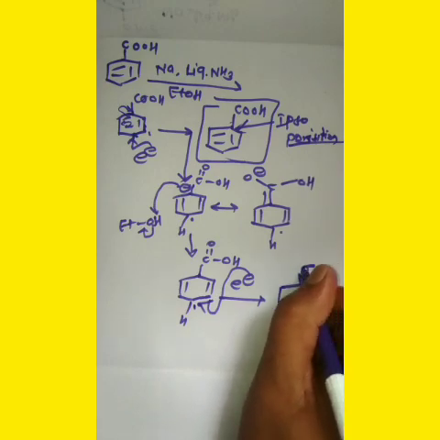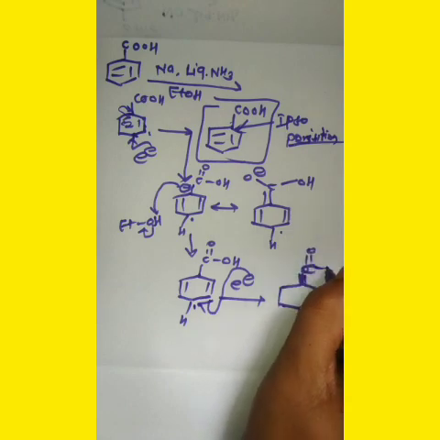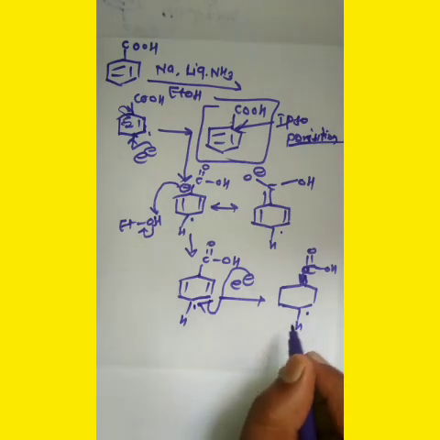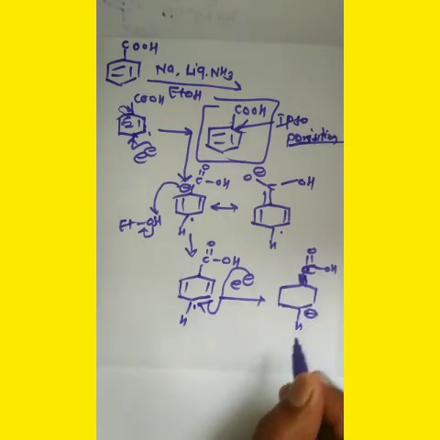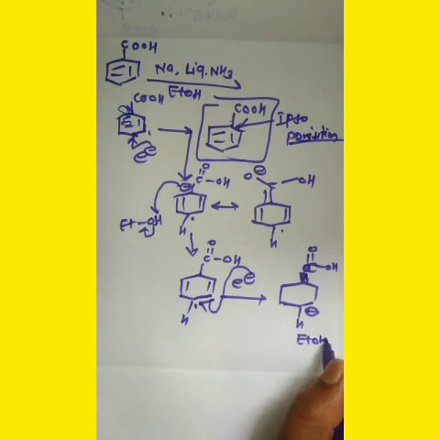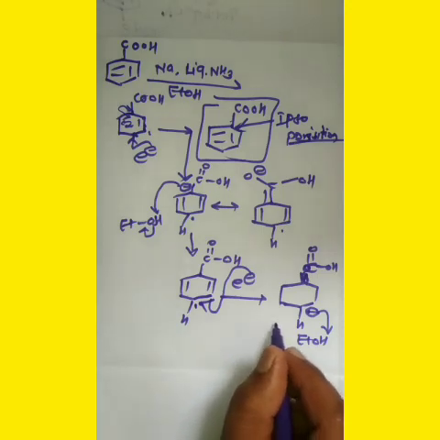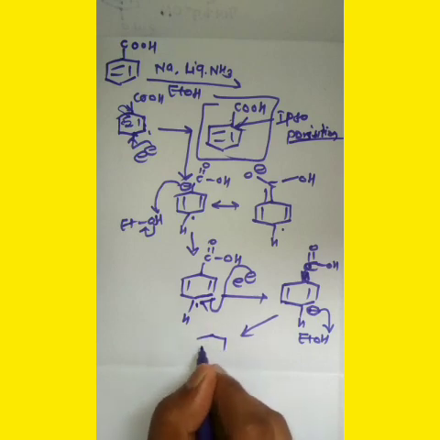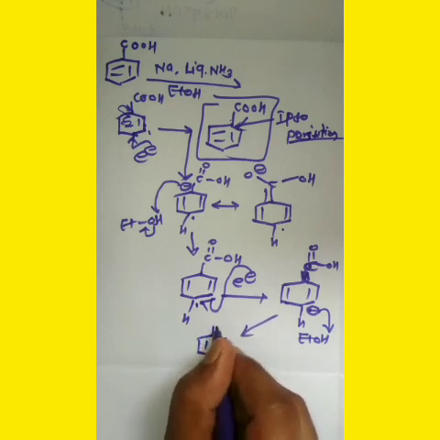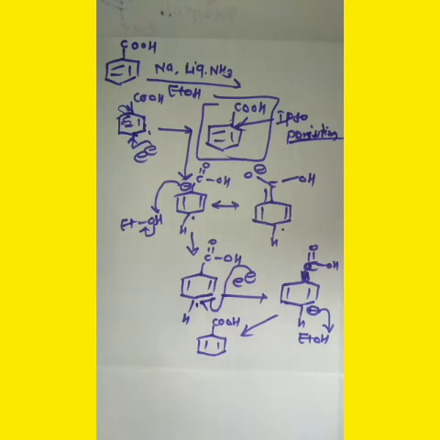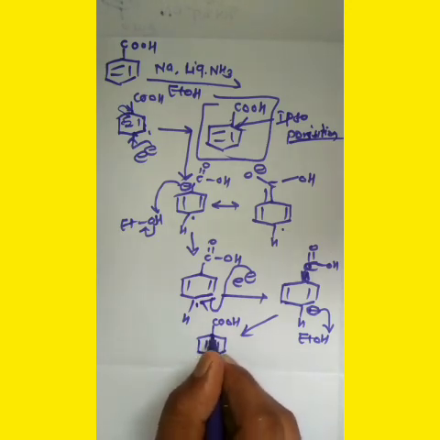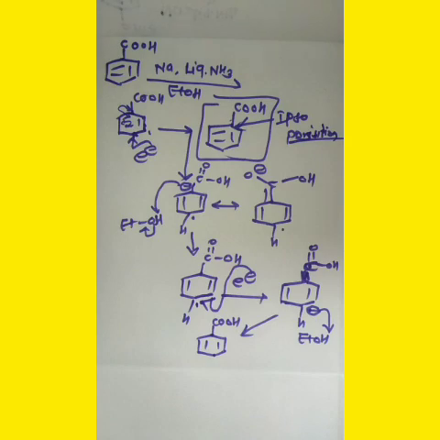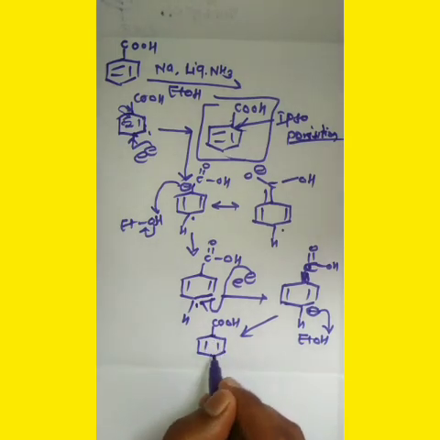We get an anion at the para position, and it abstracts the proton from the solvent. It's like this. Here we get the final product. So ipso and para position reduction happens.